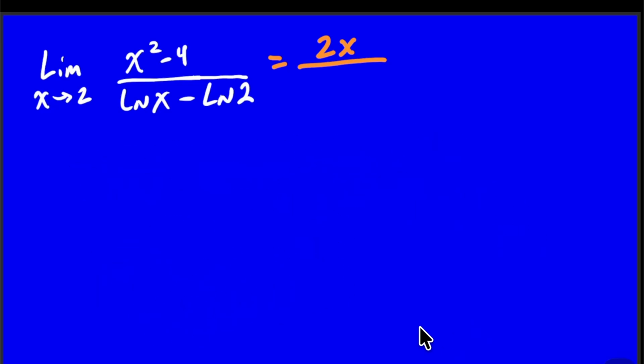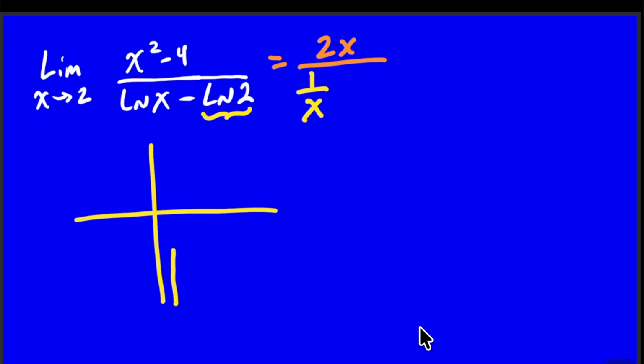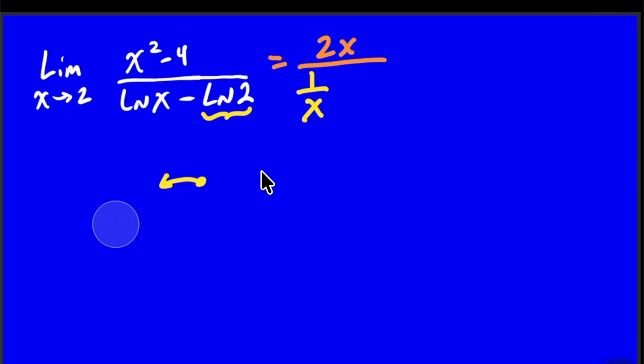Okay, so the derivative of the natural log of x is just going to be 1 over x, and the derivative of the natural log of 2 is going to be 0, because that's a constant. Remember, folks, the ln of x graph looks like this. So ln of 2 is going to be some constant value. When you take the derivative of a constant value, you get 0.